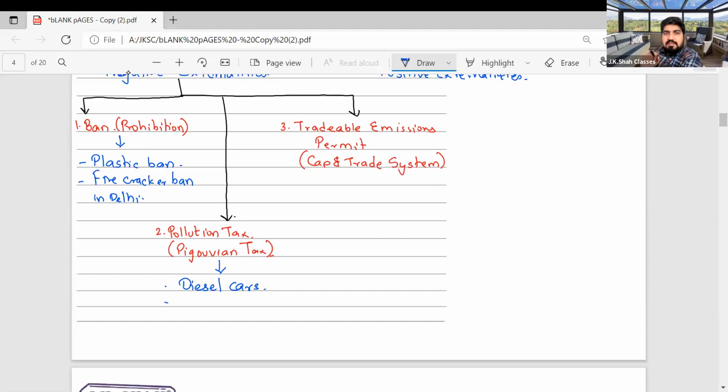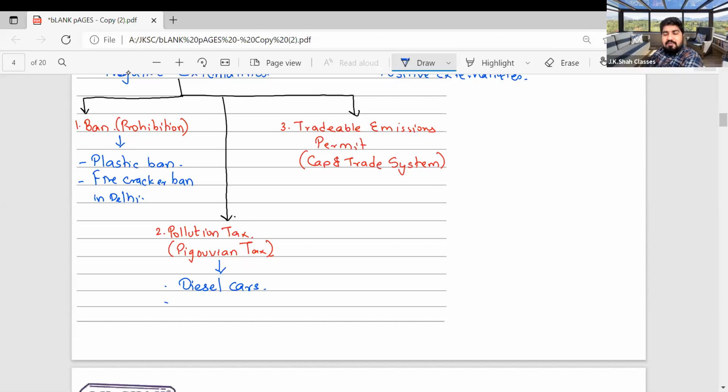Friends, tell me one thing. When you visit the RTO, at that time they charge a particular amount. What is that called? Are you aware about it? Very good, Vishal. That is called green tax. So now what RTO calls green tax, we call it pollution tax. Understood, friends, now very clearly?